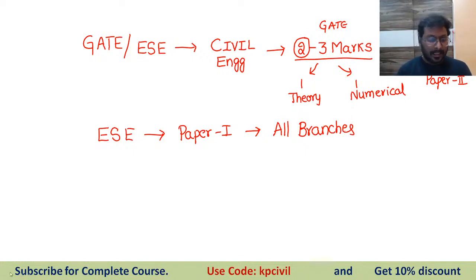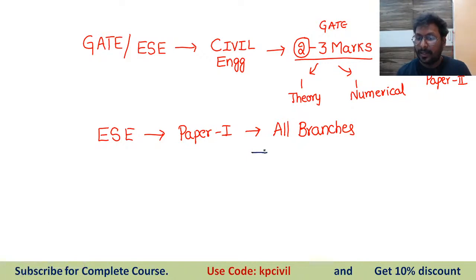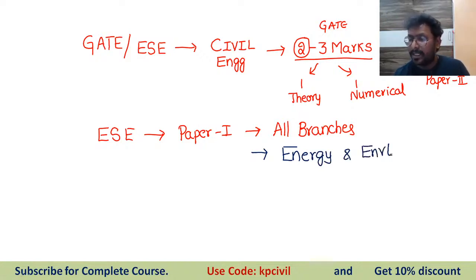the general studies technical paper is common for all branch students. In that we have the subject called energy and environment. In this paper also you have two questions.